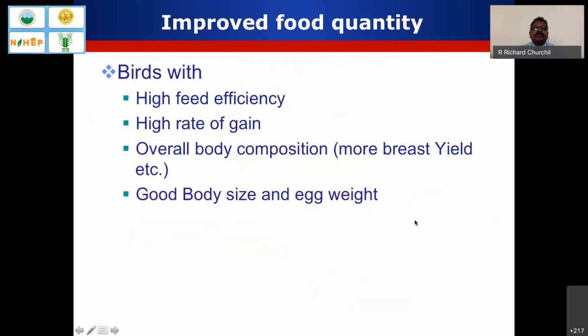So improved food quantity, it can contribute by increasing high feed efficiency, high rate of gain, overall body composition, increased breast yield, body size, egg weight, right?